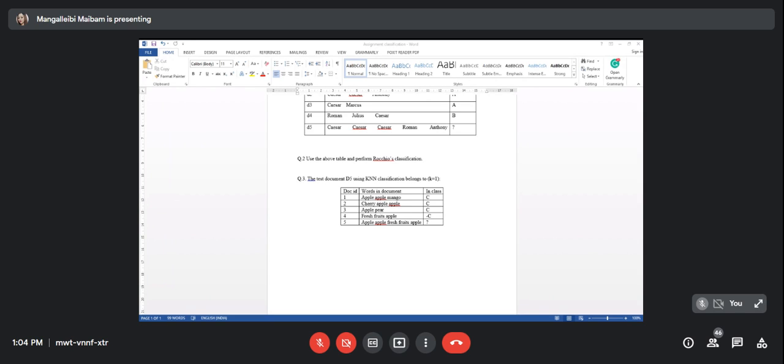We will try to finish the syllabus by this month end, because from next month we will be starting the end term exam, probably by 16th of May. So by May first week we have to finish everything.